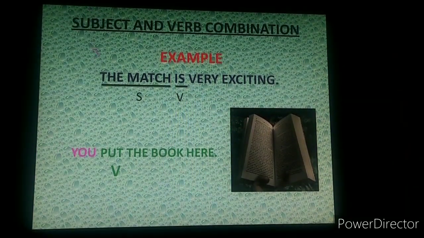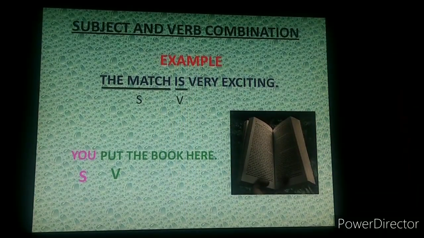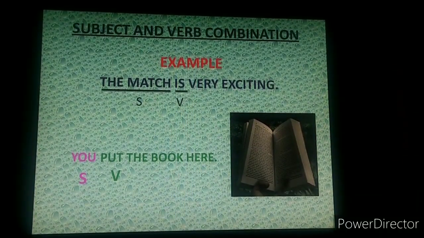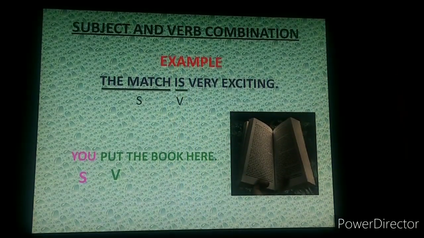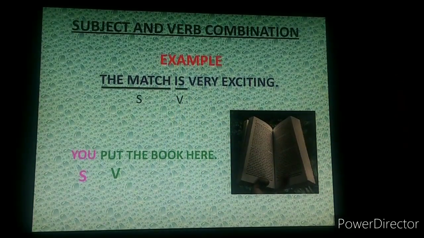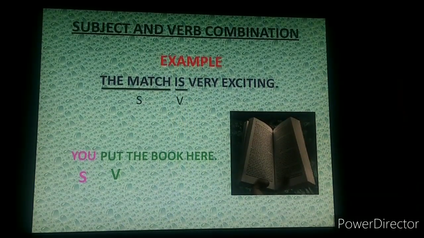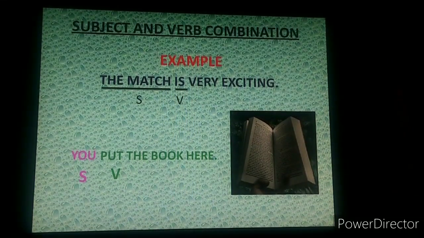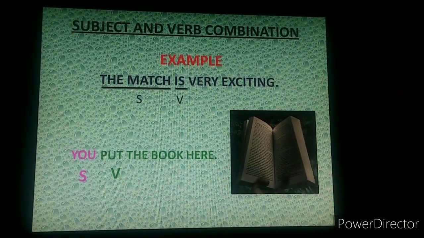Now "you" becomes the subject, "put" becomes the verb, and it becomes a complete sentence. "You put the book here." Here I have used "you". You can use a different subject, like "he, she put the book here, they put the book here." Like this you can make the sentence.